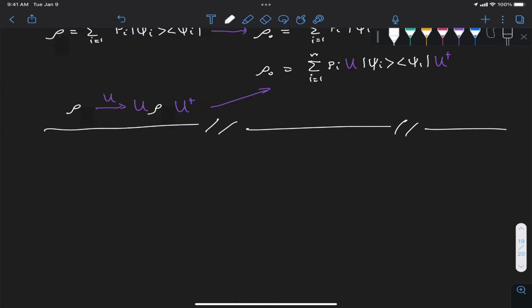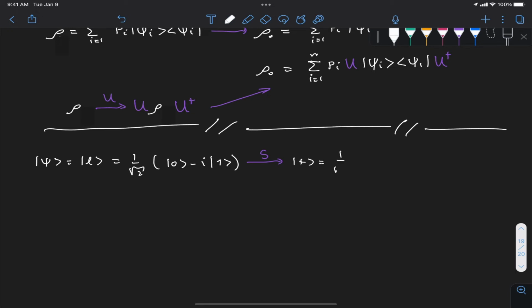So let's say we have the state left, which we've worked with before, which is 1 over root 2 of 0 minus i 1. And let's say we apply an S gate to the state, and what that's going to give us is the plus state, which is 1 over root 2 of 0 plus 1.